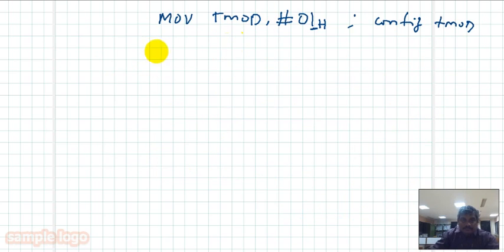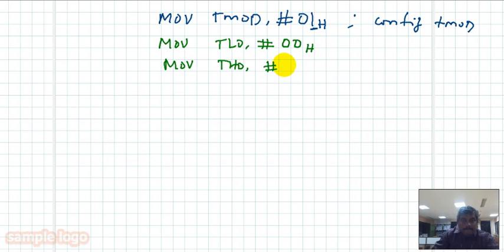So instruction number 2 is MOV TL0. What is TL0? Timer 0 low register. The value is 00H. Again H is not required, but for good practice, you write H. Then what is the high register value?